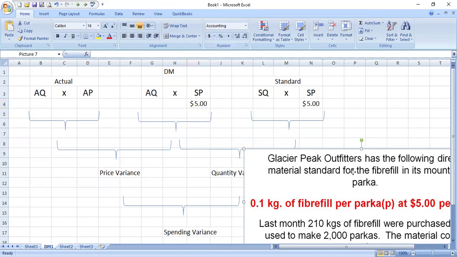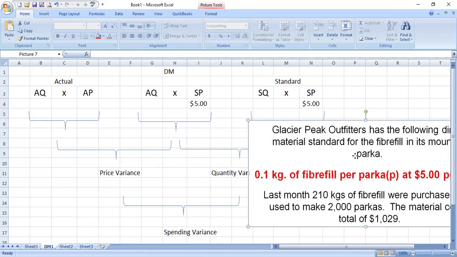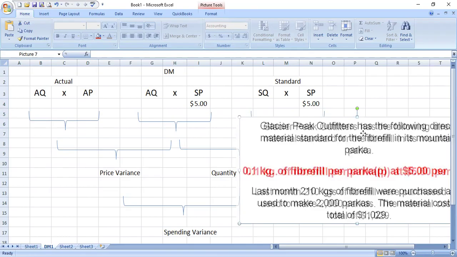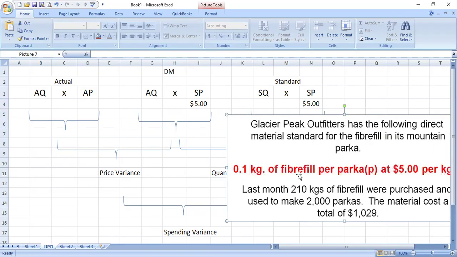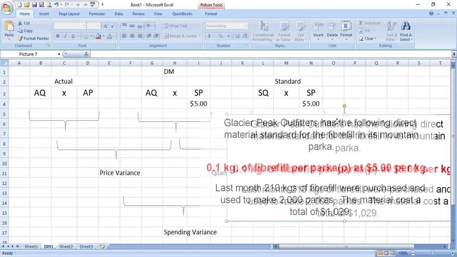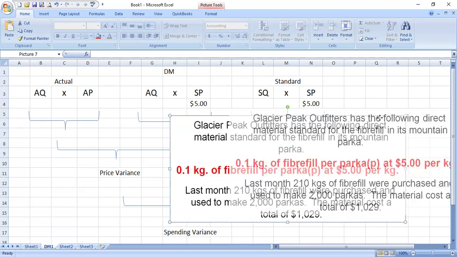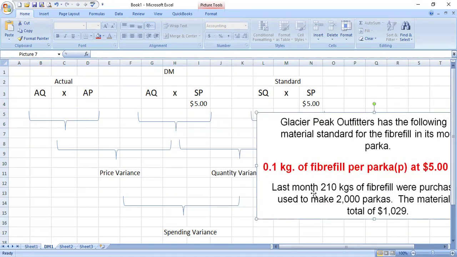So let's keep going. The question says that last month, 210 kilograms of fiber fuel, which is our material, was purchased and used. So from that sentence, what can we extract? What was the actual material purchased and used?